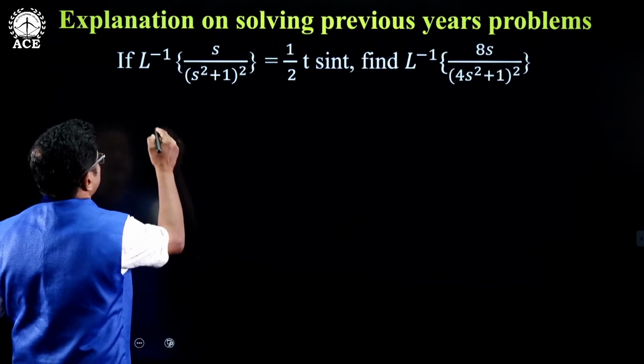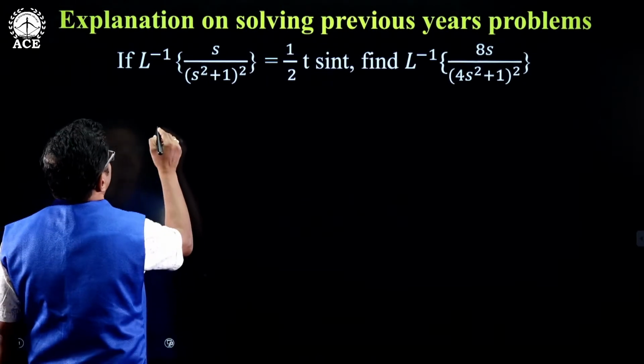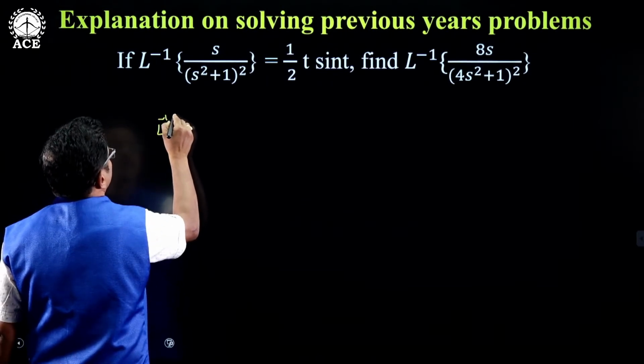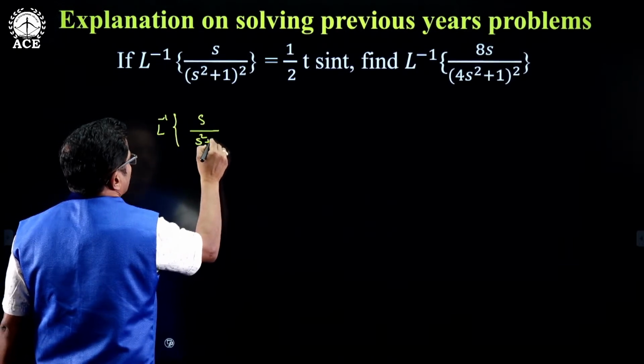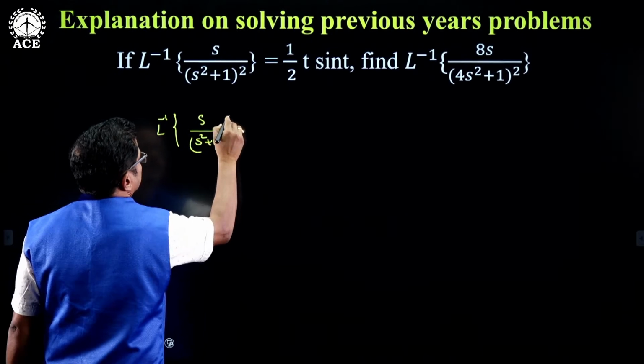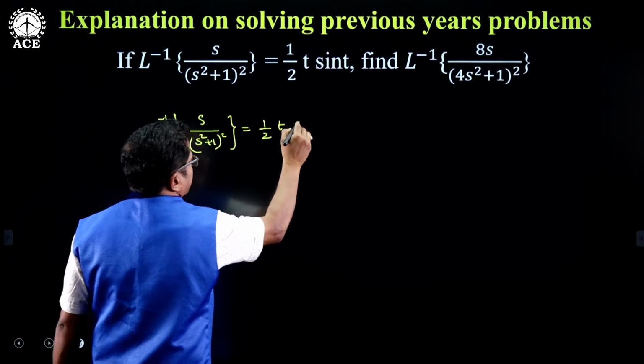See here, L inverse of s by s square plus 1 whole square is equal to 1 by 2 t sin t.